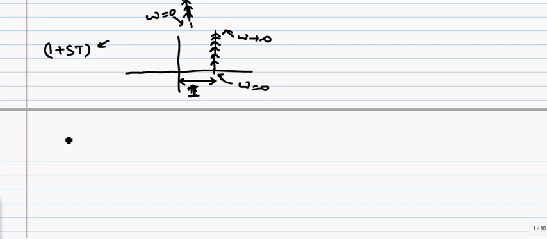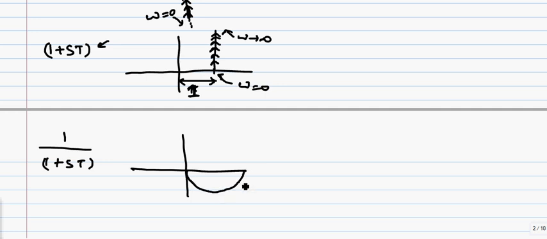And if you look at a simple pole, which is 1 over 1 plus st, if you plot this equation, which we have already done for all of these, it looks like this, and this point is corresponding to omega equals to 0, and this point is corresponding to omega tending to infinity, and the arrow mark directions are this way, which indicates that this is in the direction of omega increasing.